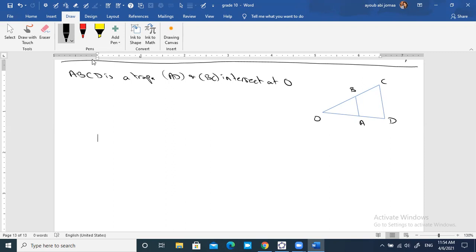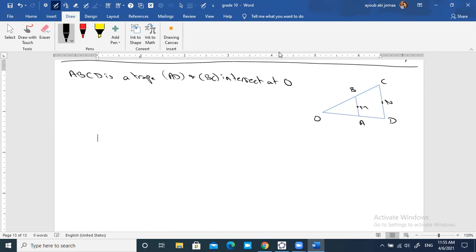Okay. Now the question: you have to prove that points M, N, and O are collinear, where M is the midpoint of AB, and N is the midpoint of CD.